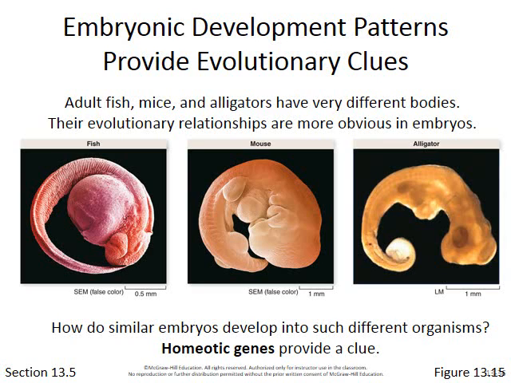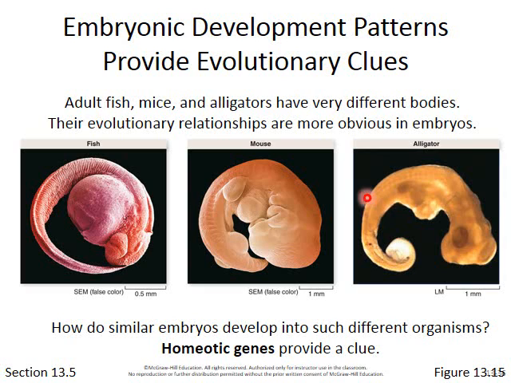When we look at the embryo of a fish, a mouse, and an alligator, as an adult, all of these have very different body shapes. But as embryos, look how similar they are. Even in this mouse situation, yes, a mouse has a tail, but it does not have this thick tail like this embryo has.